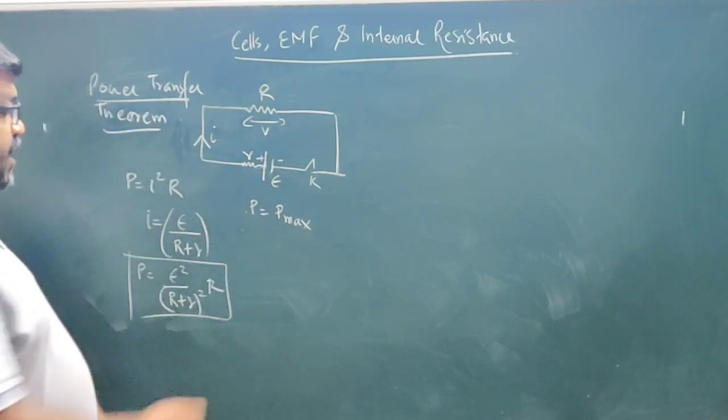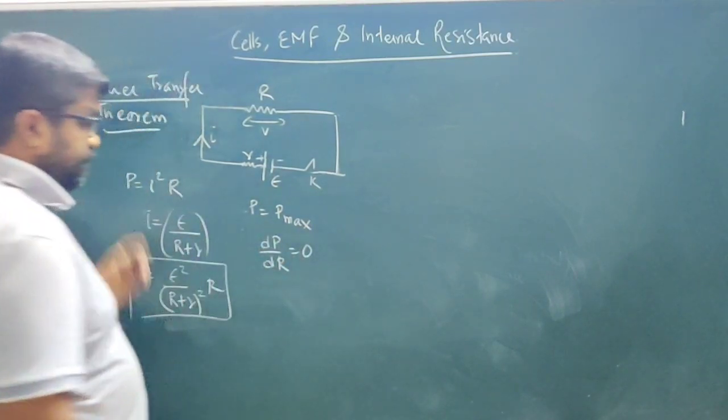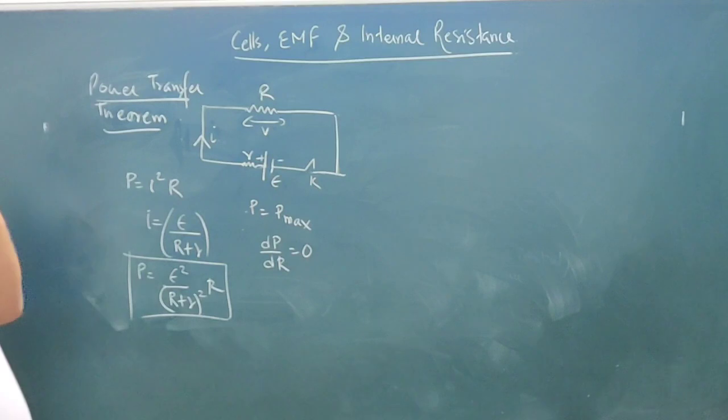So for P equal to P max, dP by dR should be equal to 0. Slope should be equal to 0, isn't it?